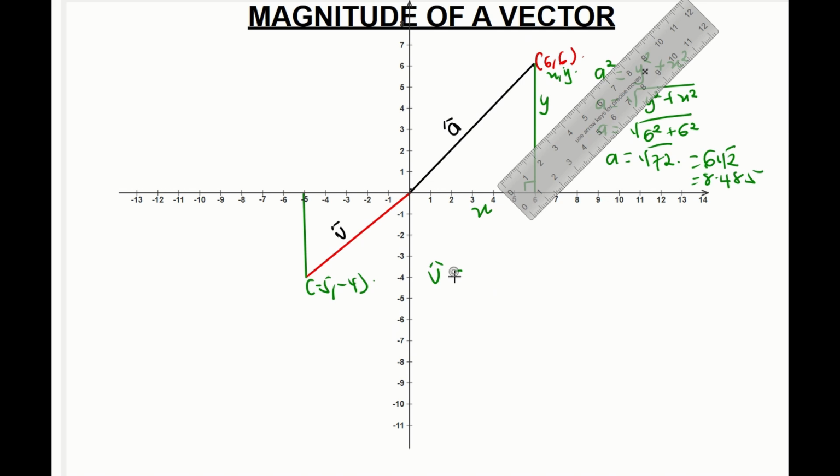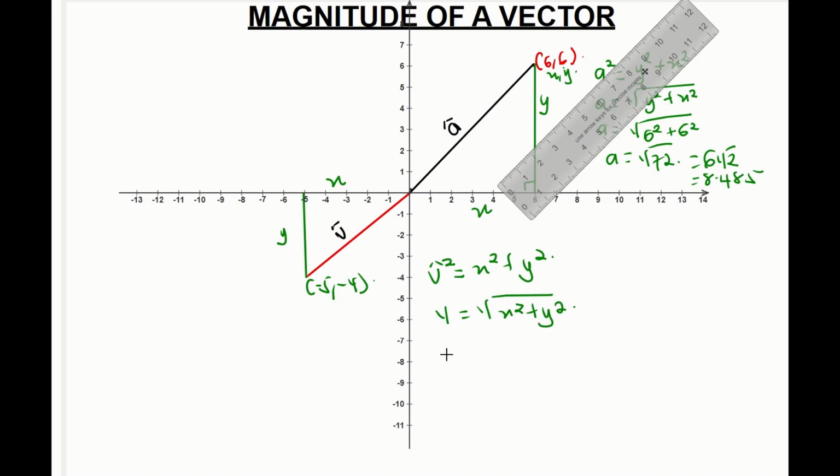With what we did here, we identified that the length of our vector, v squared, should be the same as x squared plus y squared, where this is our y and this is our x. Then v is equal to the square root of x squared plus y squared.